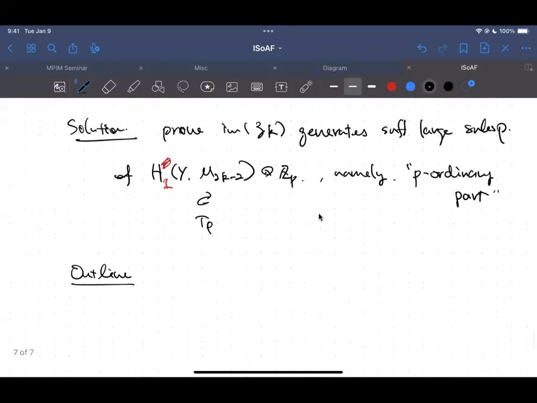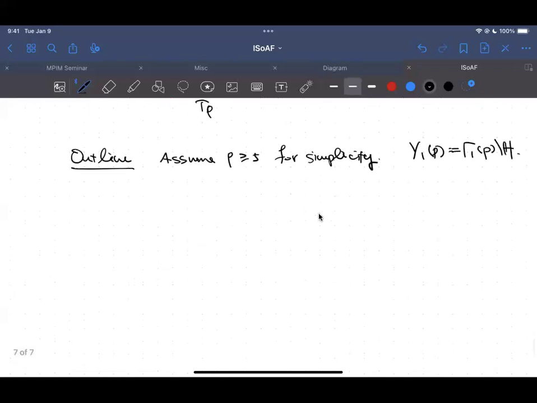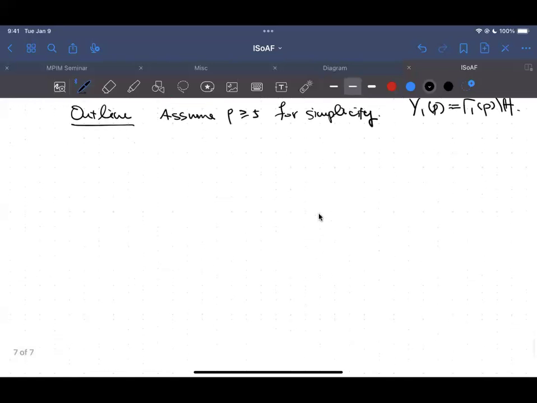So for simplicity, I would like to assume that p is greater than or equal to 5. And also let Y1(p) denote the modular curve of level gamma 1(p). Then we consider the following diagram.